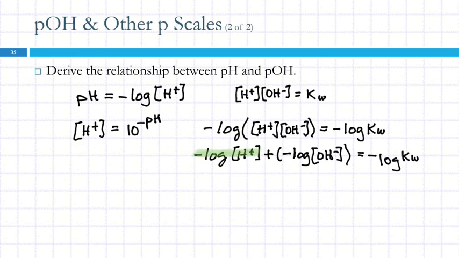What's another way of writing negative log of H plus? pH. And negative log of OH minus? pOH. Here, Kw is 1.0 times 10 to the minus 14, right? So the negative log of that is what? 14.